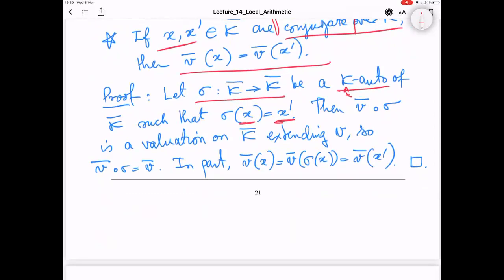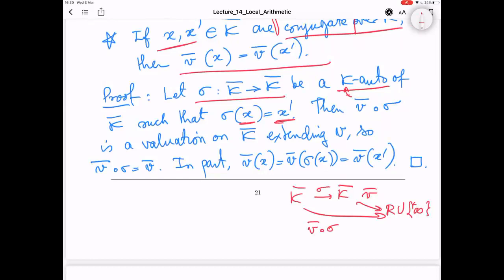But then I have my K bar, this is sigma, and I'm given this V bar. I can take the composite, which is V bar sigma like this.